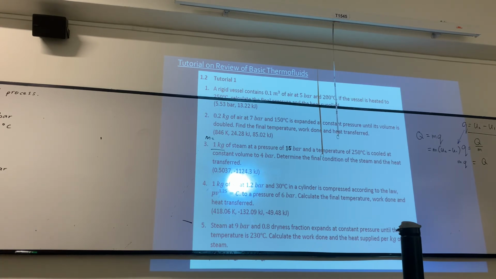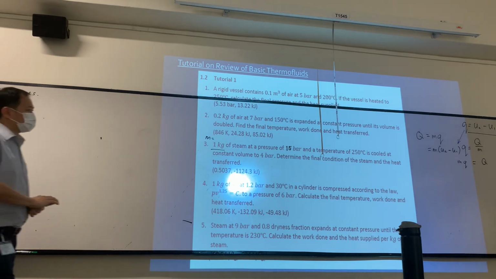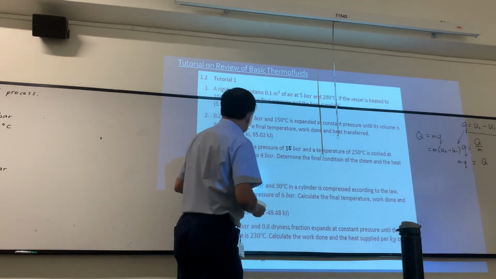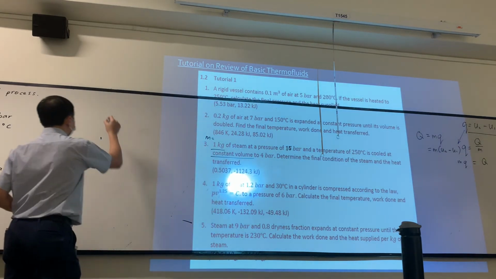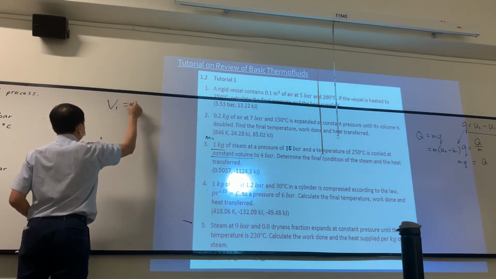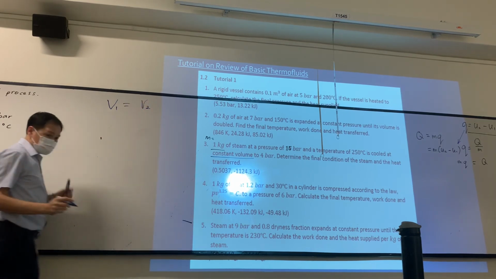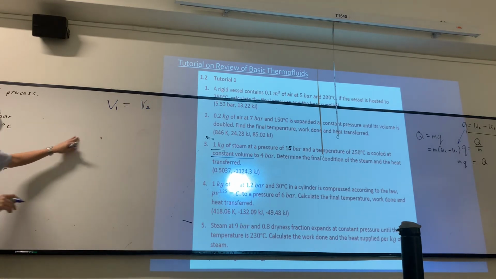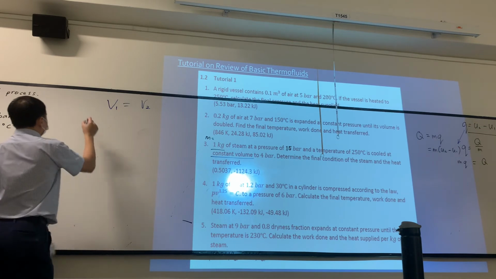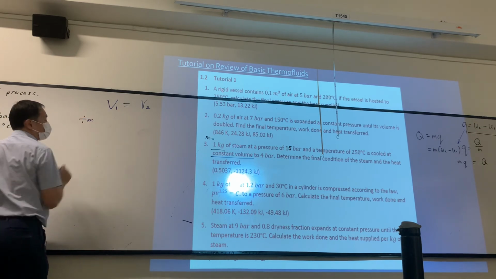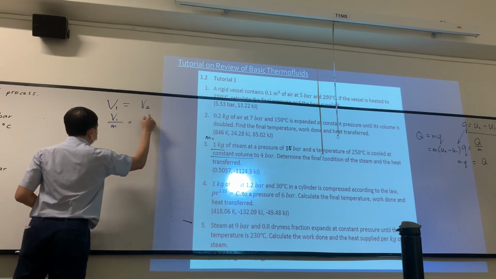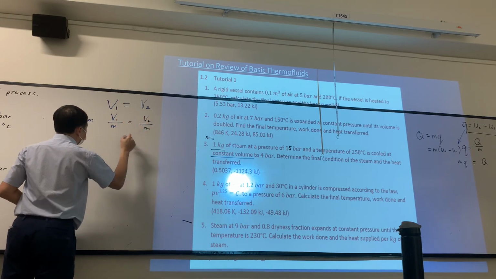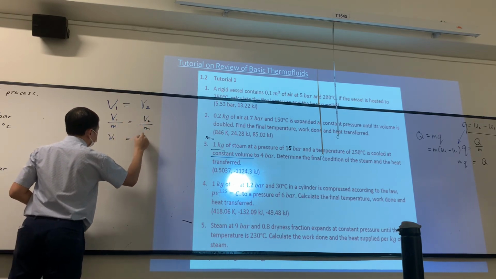So what can we do? Let's look at the question. It says this is constant volume. Constant volume means volume constant, no change. If the volume doesn't change, you divide by mass, divide by m, and you get specific volume.